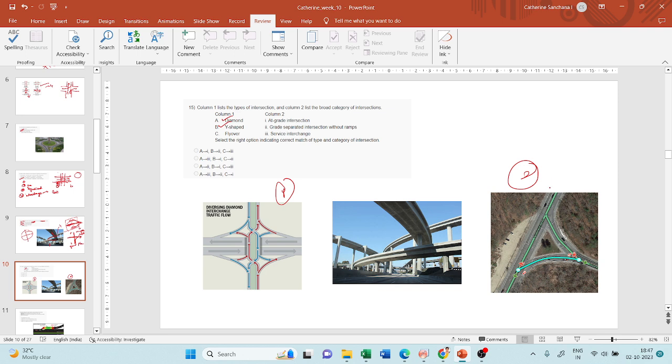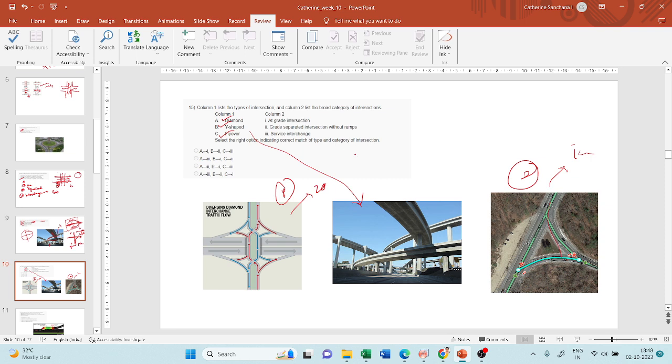Y-shaped is not an interchange; if you see, it is an intersection. Whereas a diamond will be an interchange. They are at two different levels and are provided with ramps. And what is this? This is a flyover. A flyover is simply two roads crossing at different levels. It is nothing but a grade separated intersection without ramps.